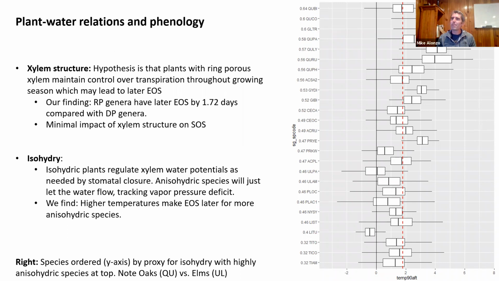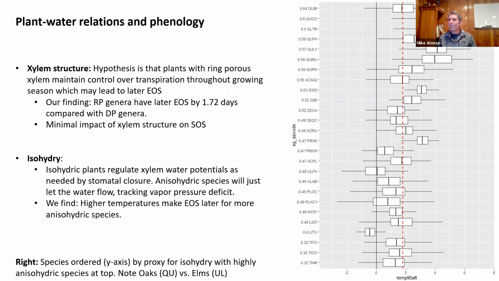Basically, are you a plant that is constantly bringing up water through your xylem to maintain consistent leaf water content? Or are you shutting down when it's super hot out in order to save yourself from xylem cavitation, or to be better about your water use efficiency? These things relate to the structure of a plant's xylem and this idea of isohydry.